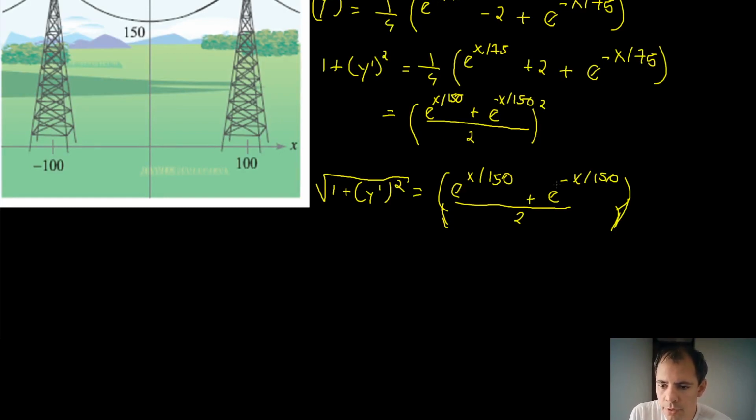And now you have to do the integral of this stuff. Well, the integral of this is going to be the integral of this, and it will be from minus 100 to 100.